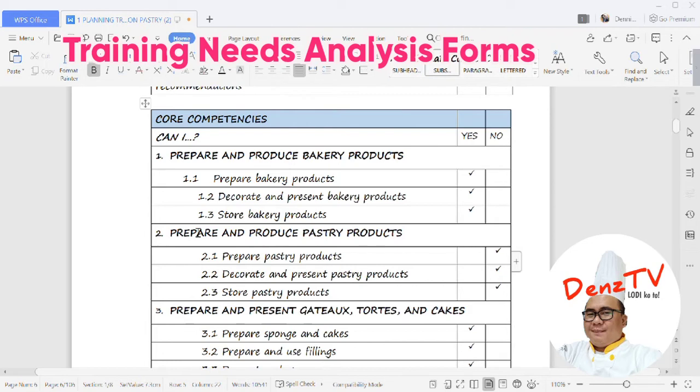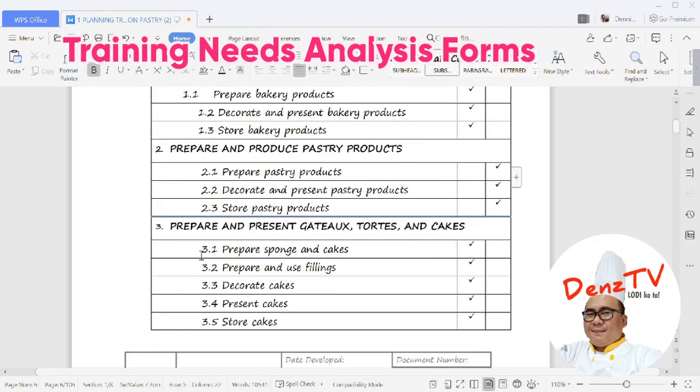Alright, and this would be the focus of your portfolio. The title of your portfolio is preparing and producing pastry products. Take note, all LOs here should be marked no. And the rest of the units of competency here, number 3, yes.